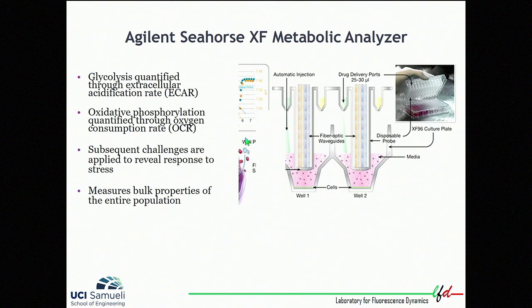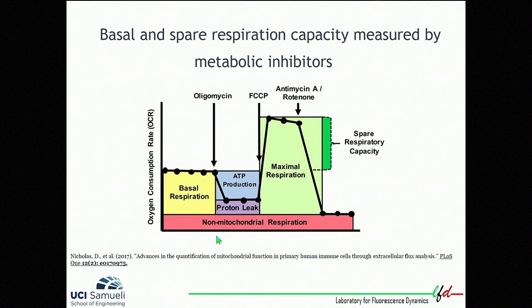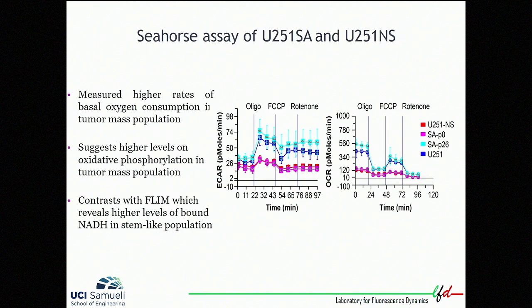Here we're able to quantify the glycolysis through the extracellular acidification rate, as well as the oxidative phosphorylation, which is quantified through the oxygen consumption rate, or OCR. How this assay works is essentially that we're measuring the spare respiratory capacity using metabolic inhibitors.